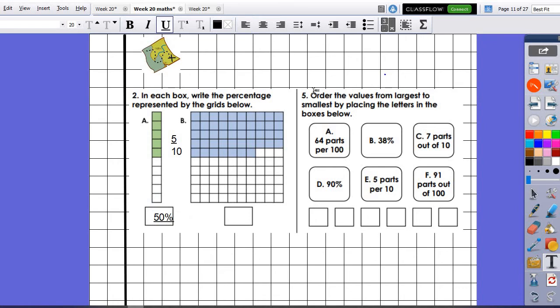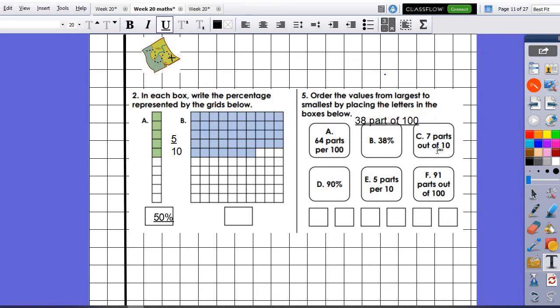Then we've got here, order the values from largest to smallest by placing the letters in the boxes below. So here, we've got 1, 2, 3, 4 that are already parts of. I would make the rest of them parts of as well. So this would be 38 parts of 100 because 38% is out of 100.